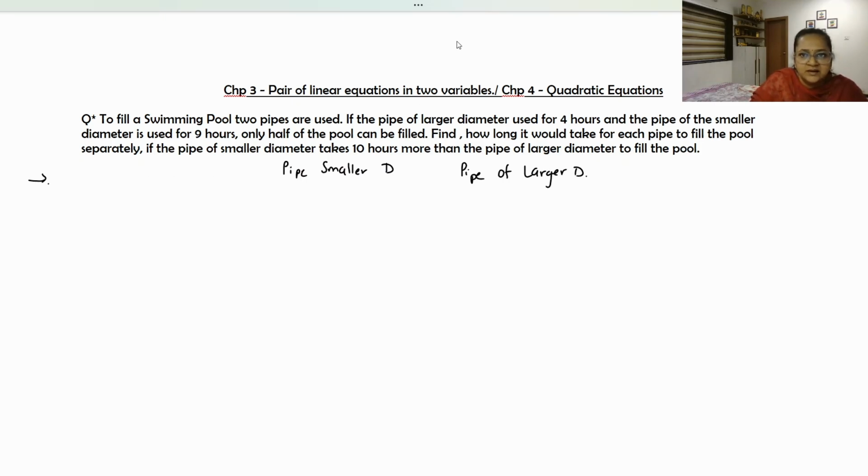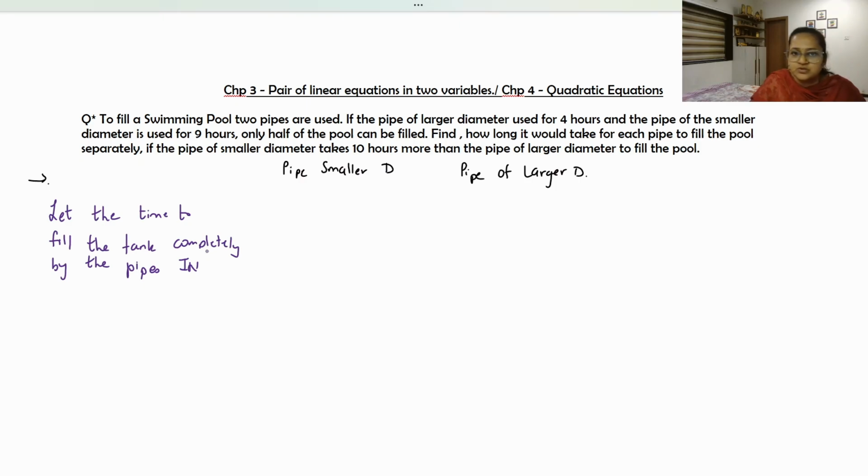We'll say let the time taken to fill the tank completely by the pipes individually. Individually means what? When the smaller pipe is used, the larger pipe is closed. When the larger pipe is used, the smaller pipe is not used, right? Individually. So if we say that the smaller pipe took X hours to fill the tank and the larger pipe took Y hours to fill the tank.